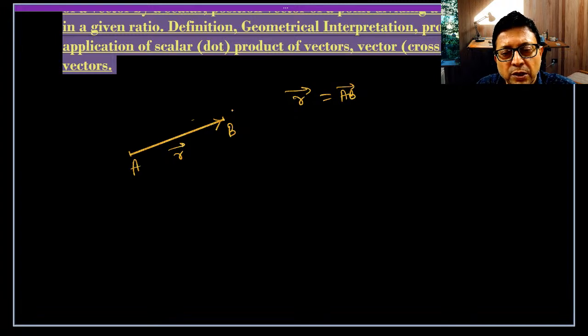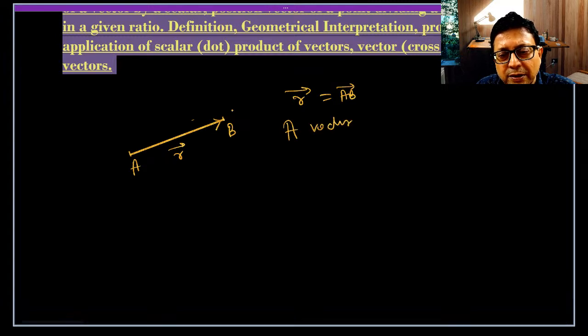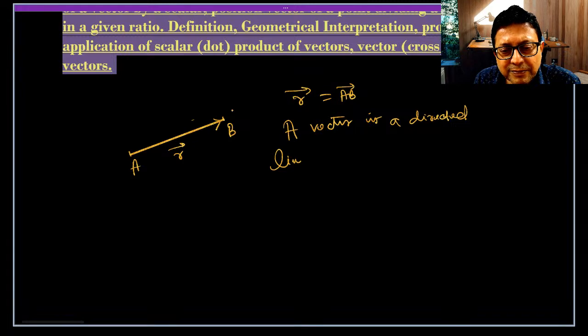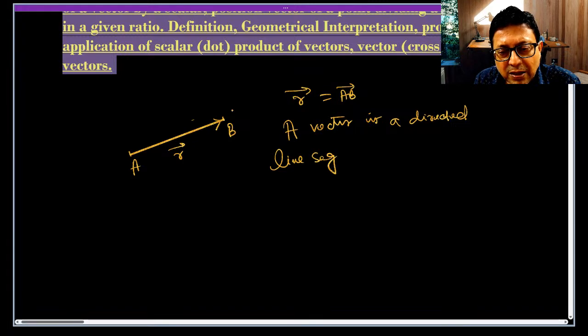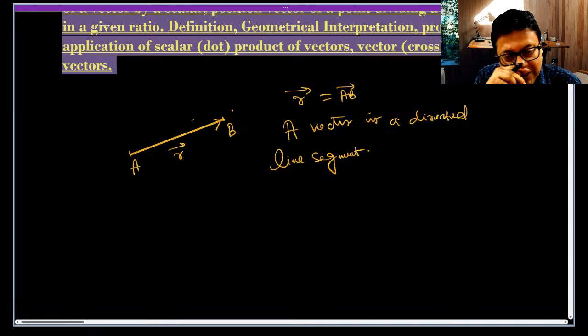So remember this definition: a vector is a directed line segment.